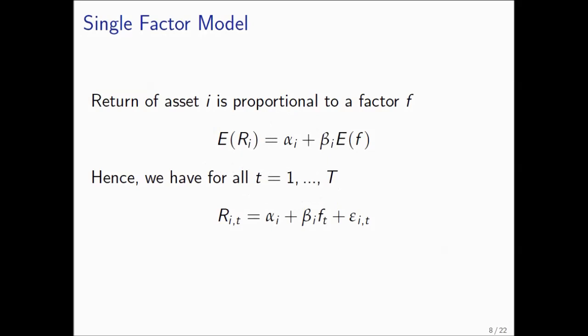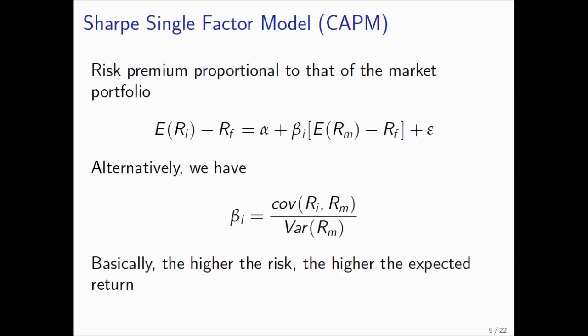The single factor model we know is the CAPM. Basically it's just saying that the return is a linear function: a constant term plus a term proportional to a factor. When the factor is equal to the market return, that will be the CAPM model.